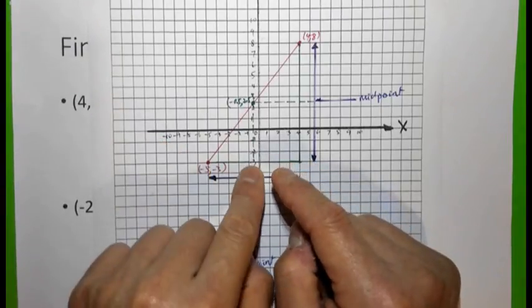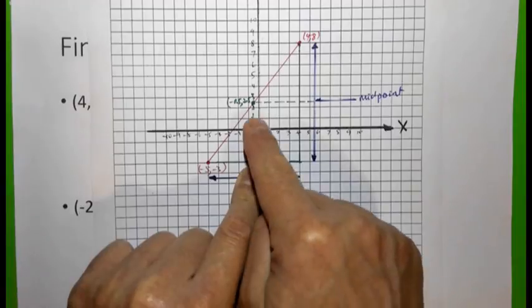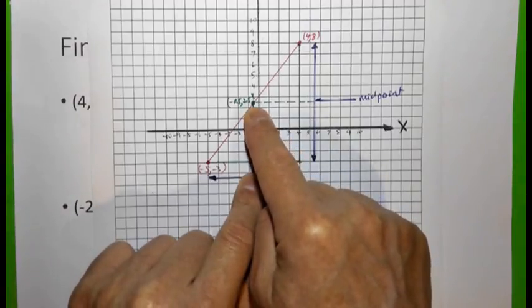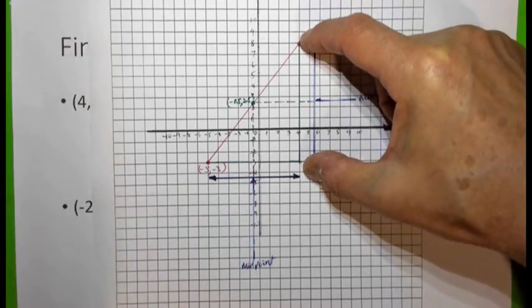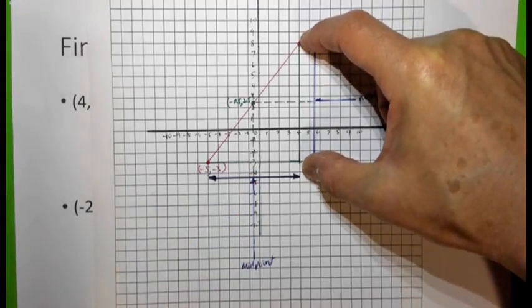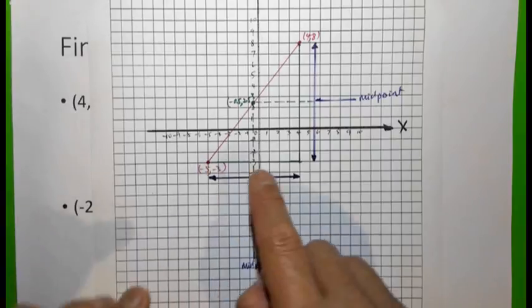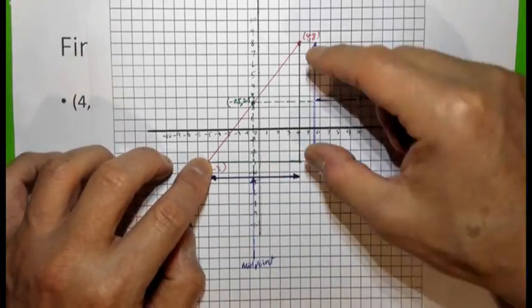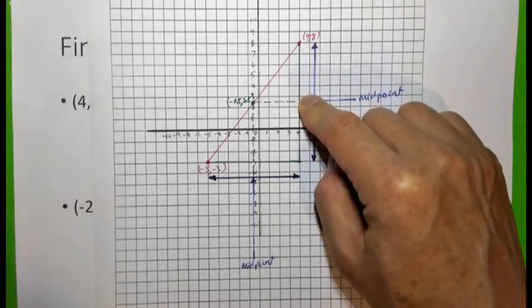So the midpoint is 4.5. That gives us minus 0.5. Same procedure for y-axis as well, using the number line method. We find the distance, we halve it, we find the midpoint. Same here, find the distance, halve it, we find the midpoint.